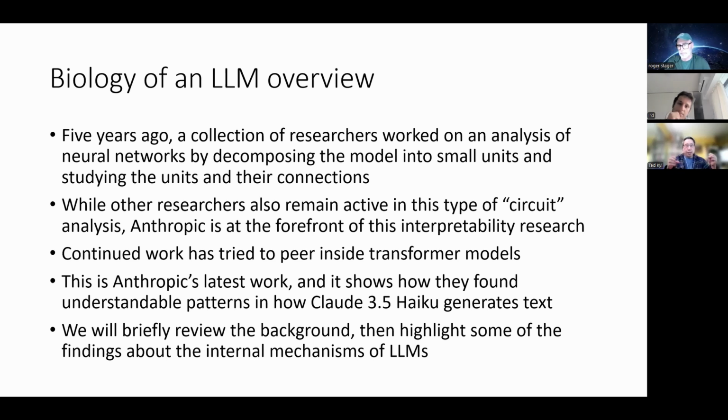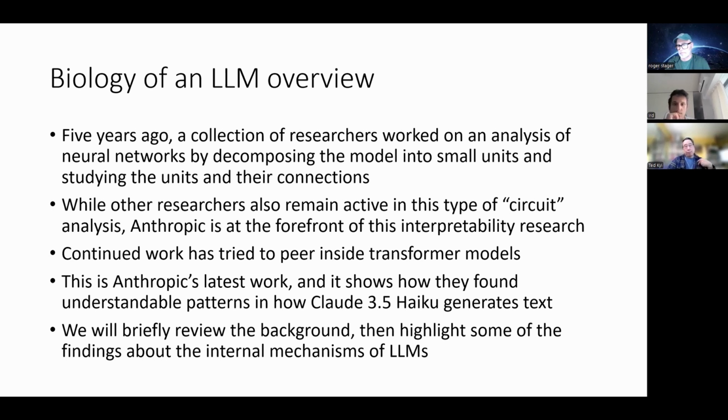They study the individual units and how they're connected, which is akin to an electrical circuit. You say, oh, look, there's a resistor here, and a capacitor there, and a wire between the two of them, and you can identify subcomponents within an electrical circuit. That's what they were hoping to accomplish, and they wound up being quite successful.